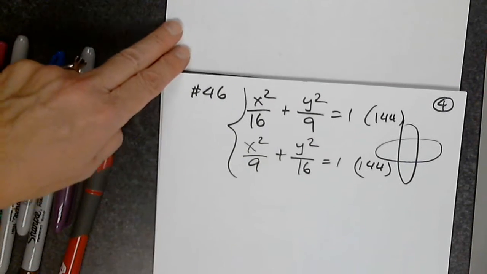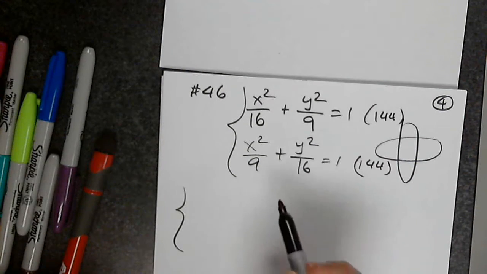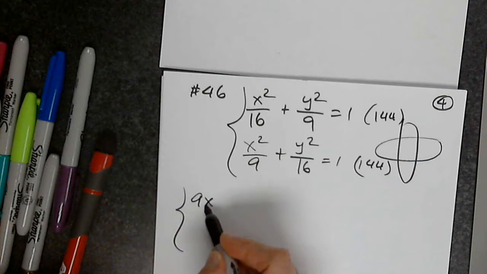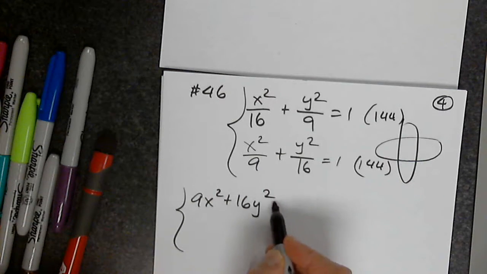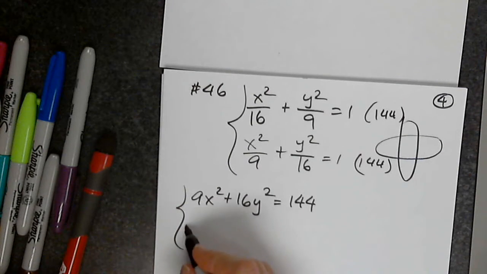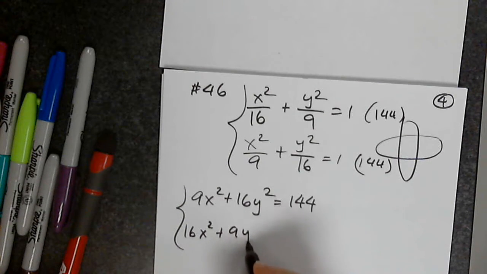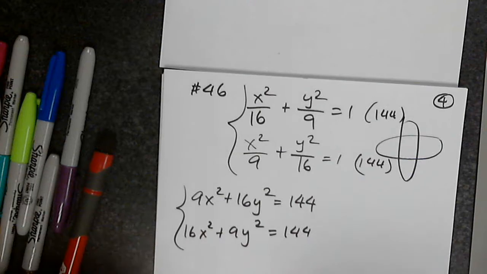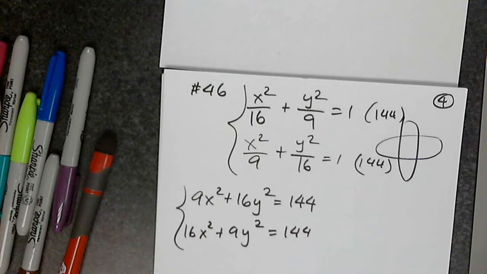So let's multiply both by 144. Then the first one will be 9x squared plus 16y squared equals 144. And of course, the other one will be 16x squared plus 9y squared equals 144. So first step, we eliminated fractions. Now we would like to eliminate one of these two, either x squared or y squared.